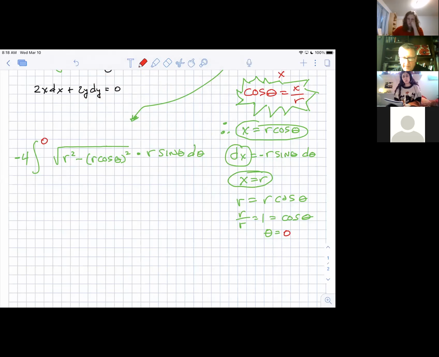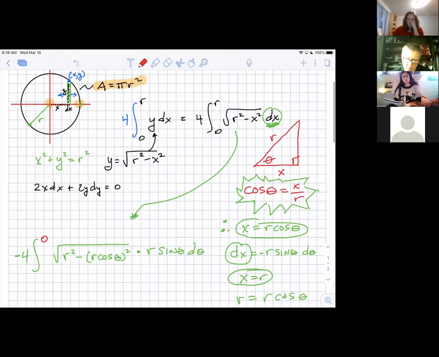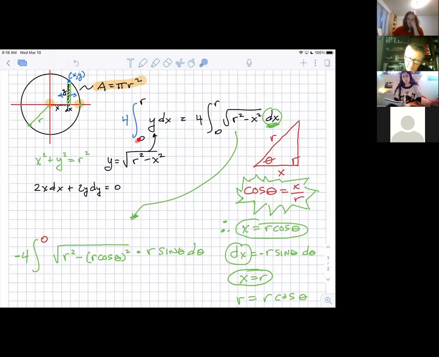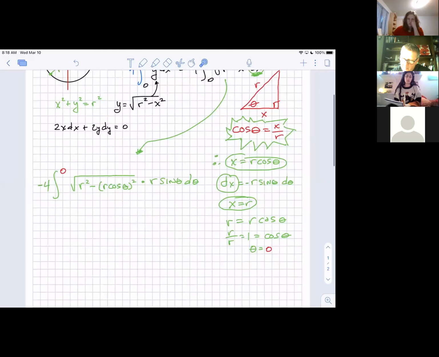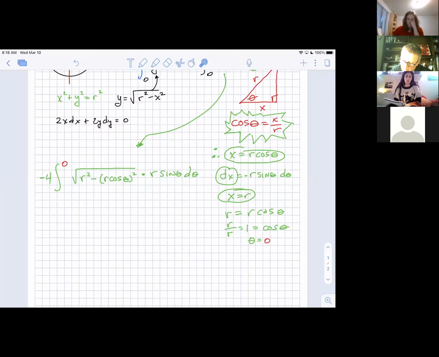And then the other answer was when x was 0. If x is 0, then I have 0 equals r cosine of theta. Divide by r, I get 0 equals the cosine of theta. Cosine of theta is an x coordinate.